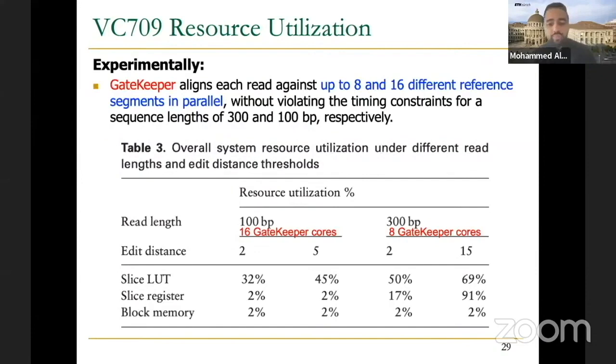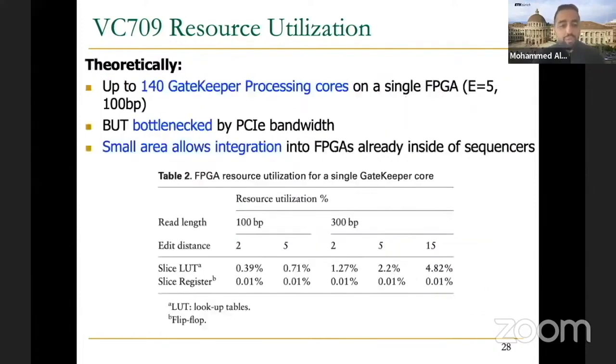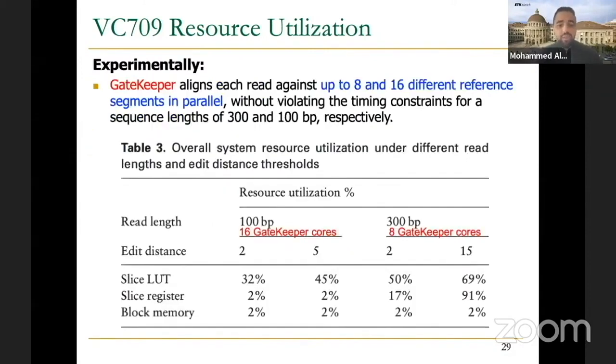Now, when we do the experiment, this is how much we can fit in the lookup table. When I was talking about when you have 1% of utilization, you can fit 100 of these replications, that is ideal. But when it comes to practice, you may not be able to fit this many, given the challenges I listed just earlier.